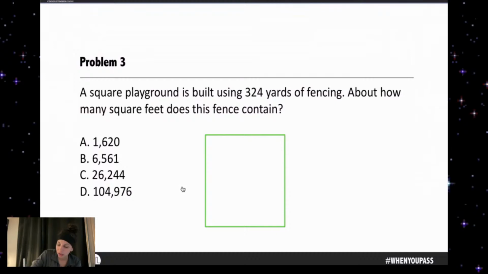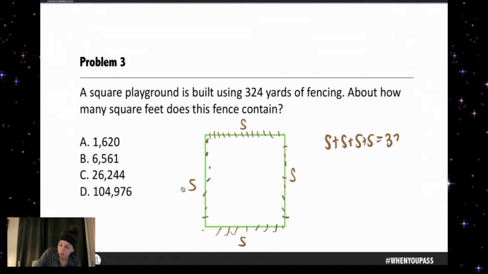So let's go ahead and build some fencing. So here's my fencing. The fencing goes all the way around, right? And I know that side plus side plus side plus side has to equal 324, which means 4 sides have to equal 324.